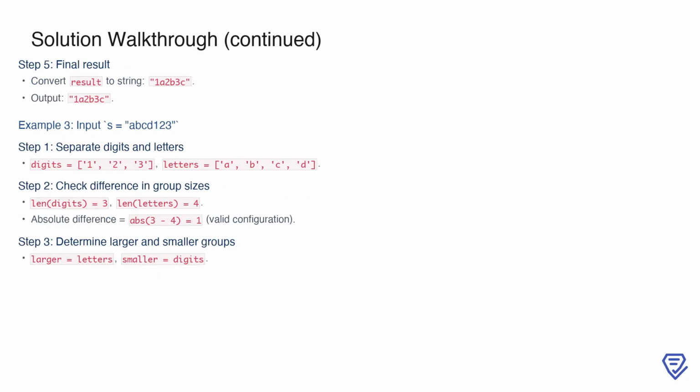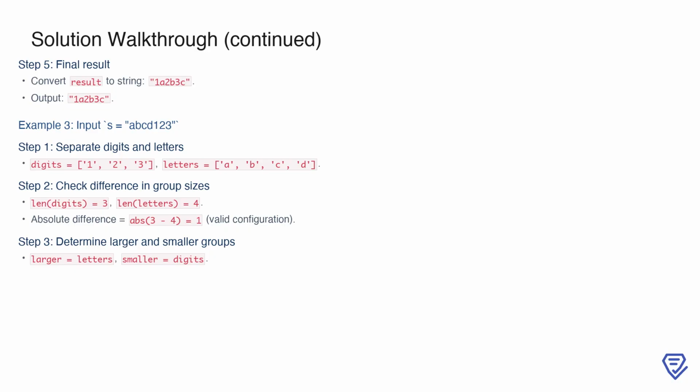To create the reformatted string, we again initialize an empty list called result. Starting with the first character of each group, we append alternately from digits and letters. Adding digits[0], which is 1, and letters[0], which is a, results in 1, a. Next, we append digits[1] and letters[1], updating the list to 1, a, 2, b.